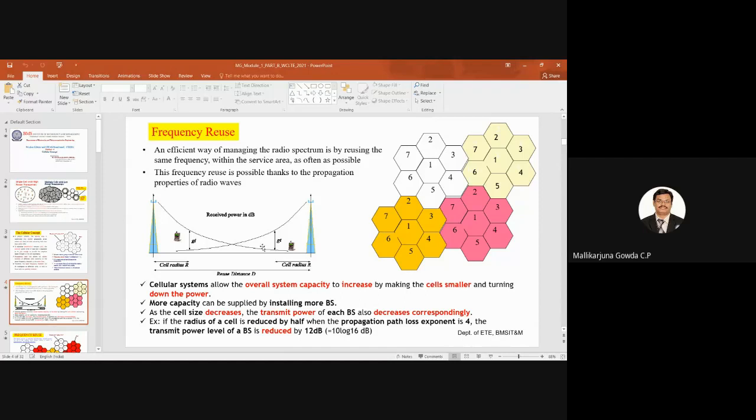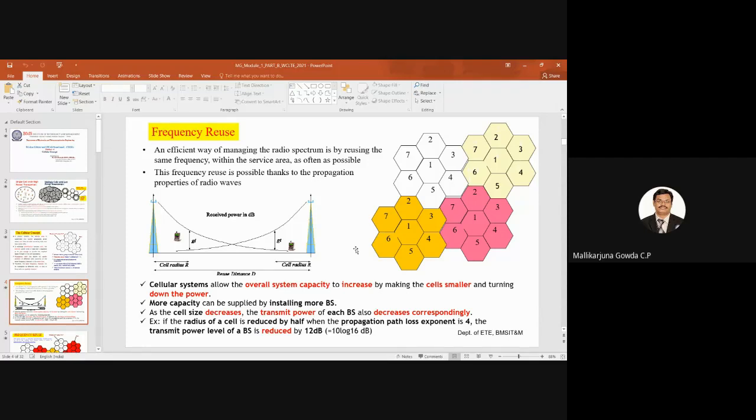So cellular systems allow the overall system capacity to increase by making the cells smaller and turning down the power. More capacity can be supplied by installing more base stations. As the cell size decreases, the transmit power of each base station also decreases correspondingly.